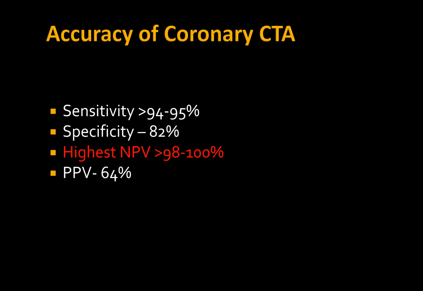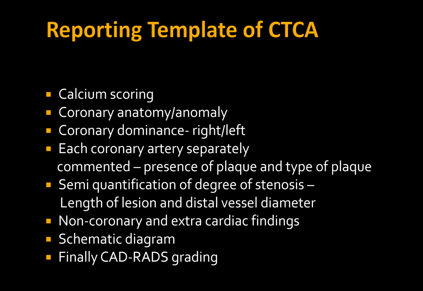After interpreting all the images, we put the findings on a single page, that is, the reporting template. The reporting template of CT coronary angiogram should be standardized and easy to read for radiologists and cardiologists. We should not include so many things in the report that cardiologists and other clinicians get confused.